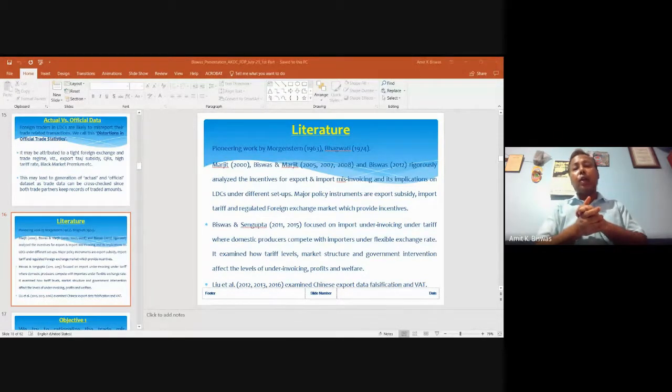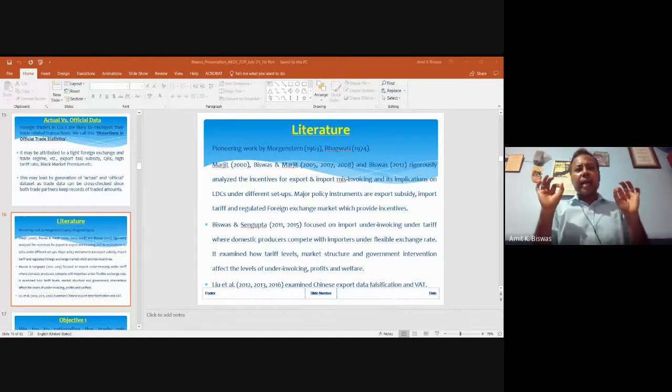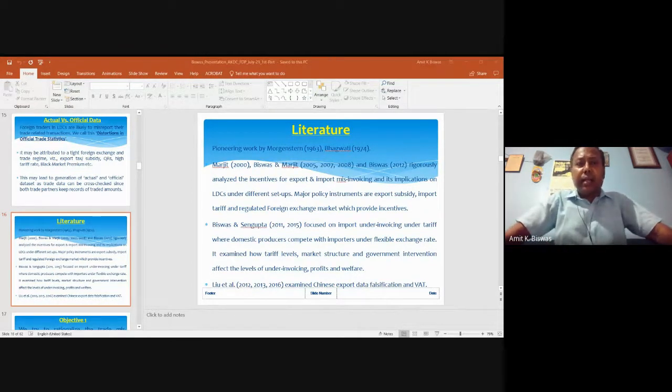It's a North Holland Elsevier publication, and it gives a pure mathematical and empirical illustration of what kind of distortion and corruption could take place in international economics, to be very specific.